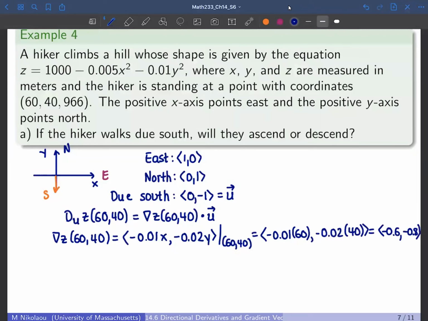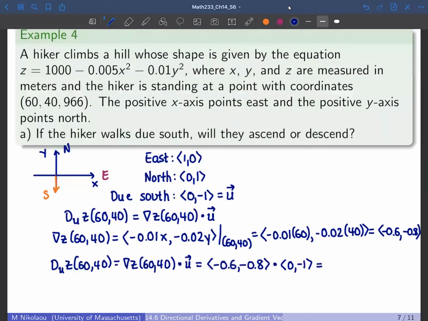And now to find the directional derivative of z at 60, 40, we need the gradient vector that we just found, dot product the unit vector u with components 0, -1. So we have -0.6, comma, -0.8 for the gradient vector, dot product the unit vector 0, comma, -1.